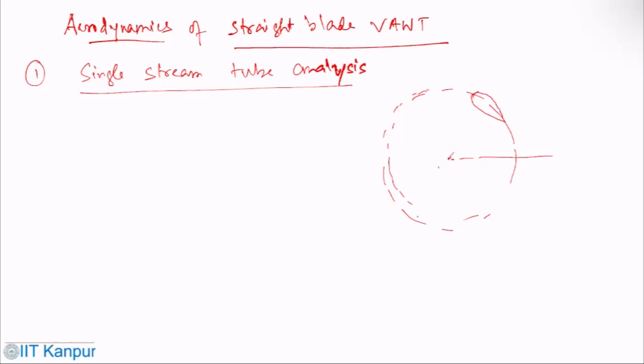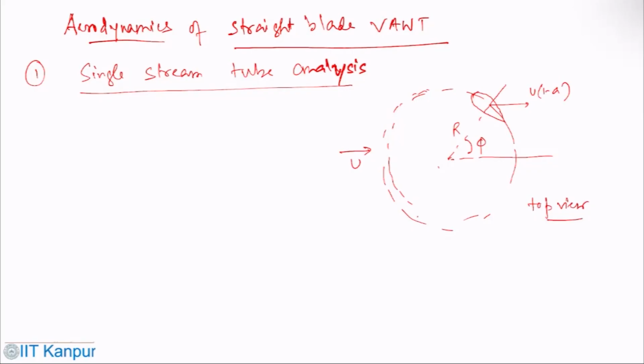Okay, and we'll cut through this axis. This is U. This is U into 1 minus a. And this is, let's say, radius R. This is P. So this is a top view.